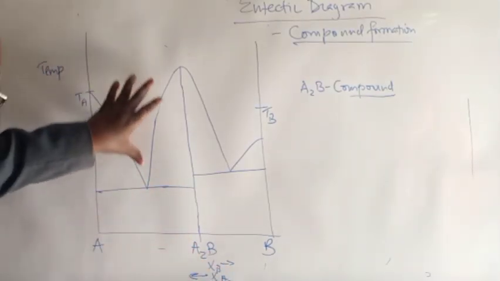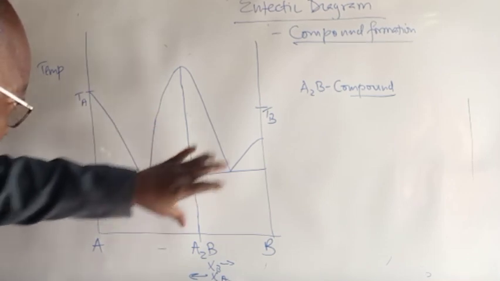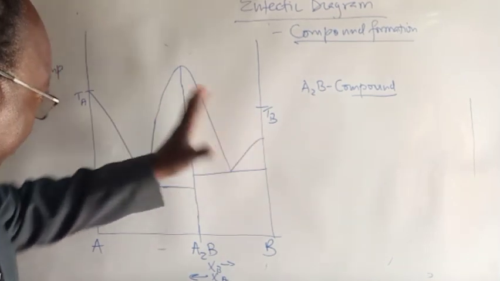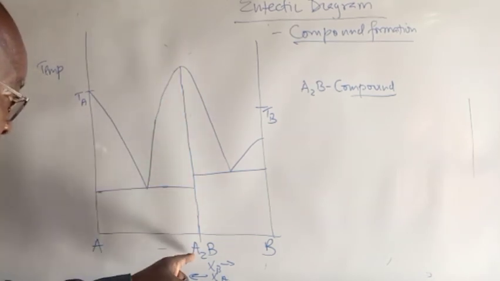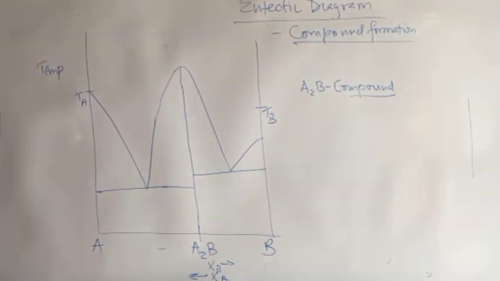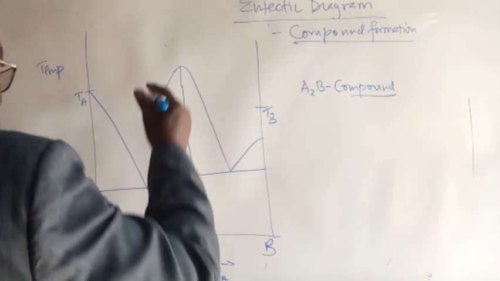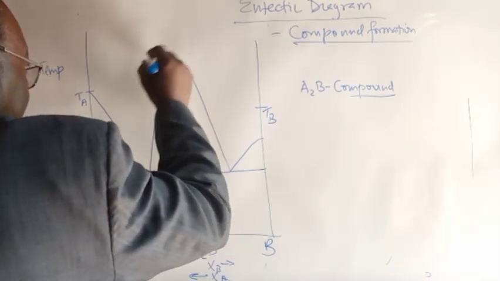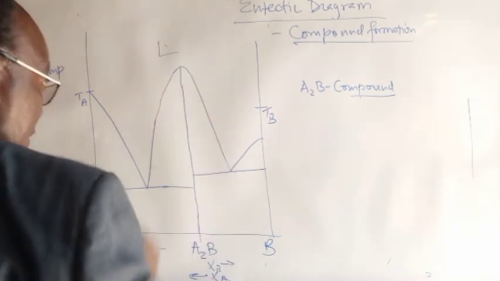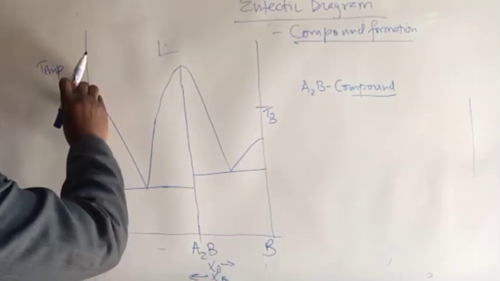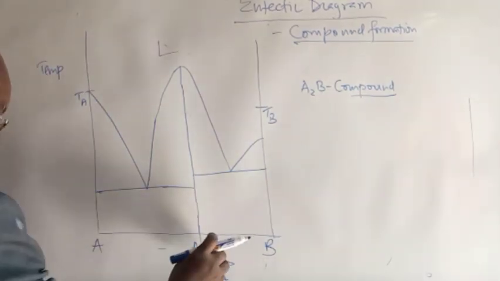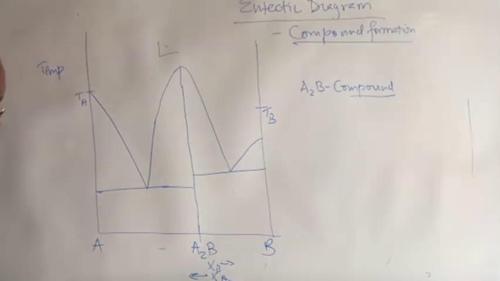So you have this simple eutectic diagram and the other simple eutectic diagram fused at this particular axis for the compound AB. So we have, as usual, that is liquid. These are the melting points for pure B, pure A, and the melting point of the compound.